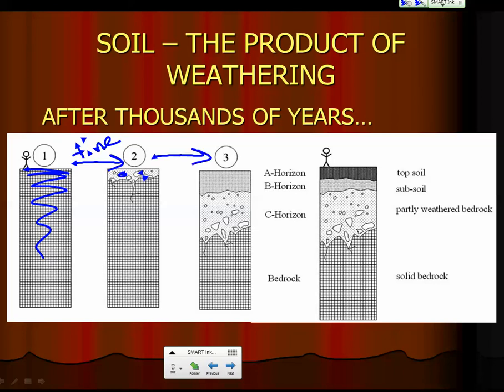Now we have our, and by the way, this is the C horizon right there. Now we have our C and our A horizon. And then over even more time, we see all three horizons, the A, B, and C are formed. And the words for these horizons generally are topsoil, subsoil, partially weathered bedrock, or something that's like chunky, and then our regolith or solid bedrock right there.